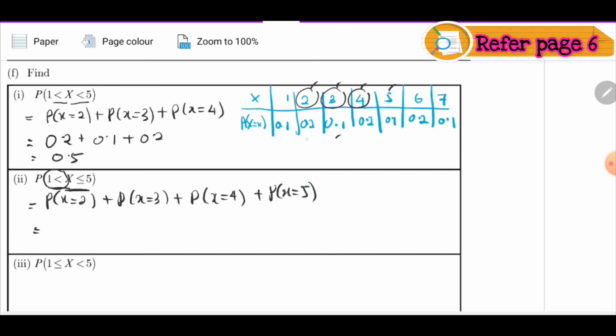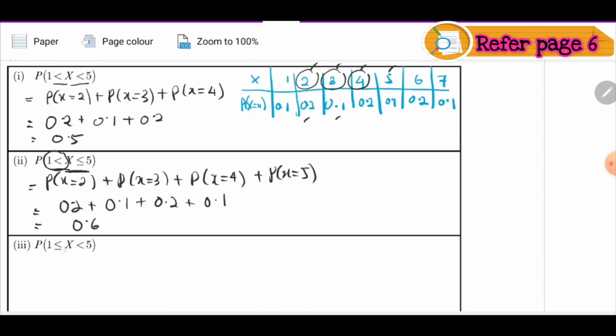When x equals 2, the probability is 0.2. When x equals 3, the probability is 0.1. When x equals 4, the probability is 0.2. And when x equals 5, the probability is 0.1. So we add up all the probabilities and the answer is 0.6.